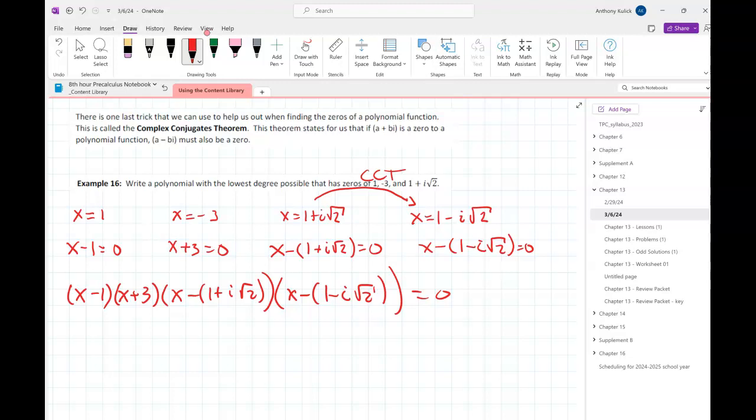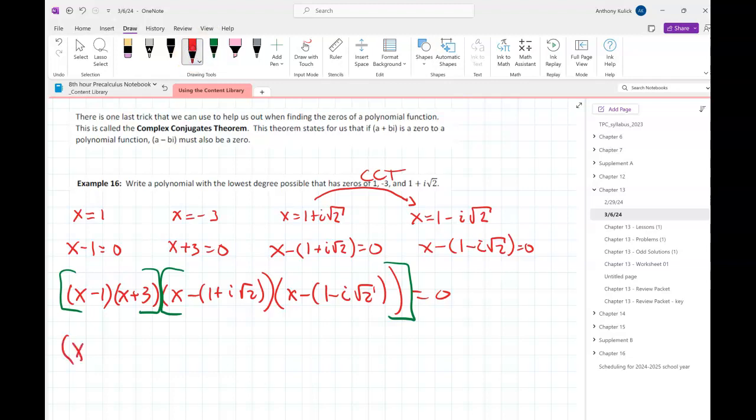So right now I have a polynomial that has exactly these 4 zeros. My final steps would just be to FOIL this out. So typically when I do this, I'm going to group the conjugate pieces together and FOIL those, and anything else that's not in conjugate pairs I would FOIL together also.